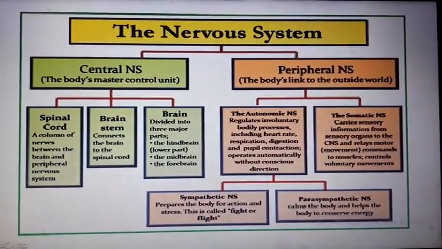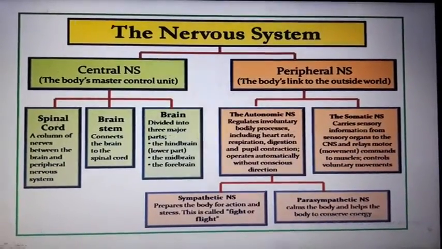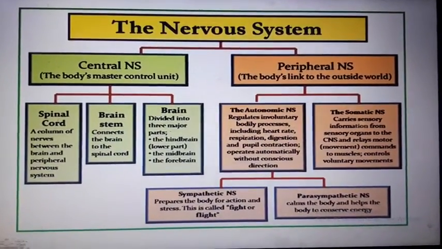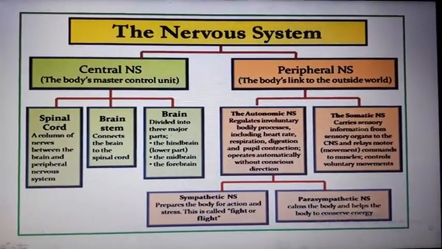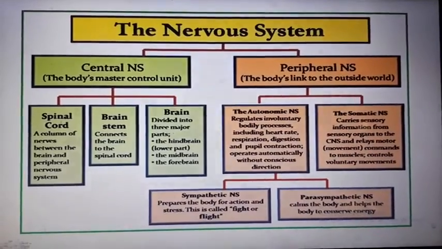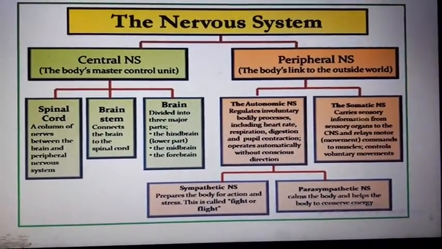The somatic nervous system controls voluntary movements by activating the skeletal muscles, and the autonomic nervous system controls involuntary responses by influencing organs, glands, and smooth muscles as well. The autonomic nervous system is divided into two further categories.